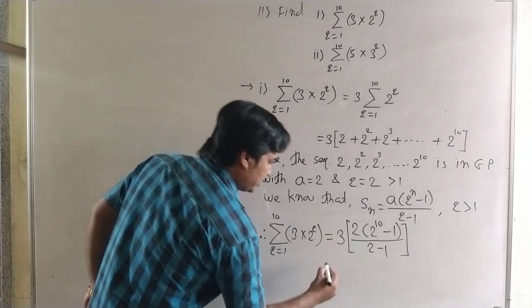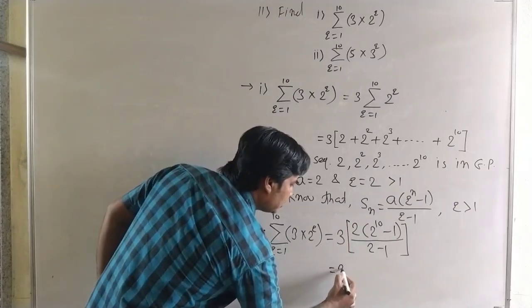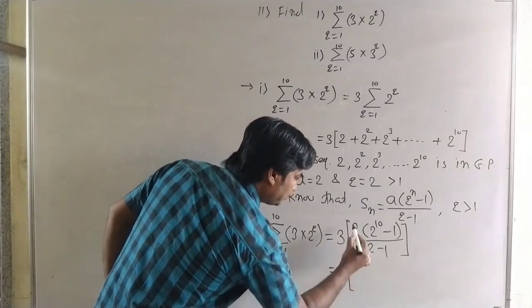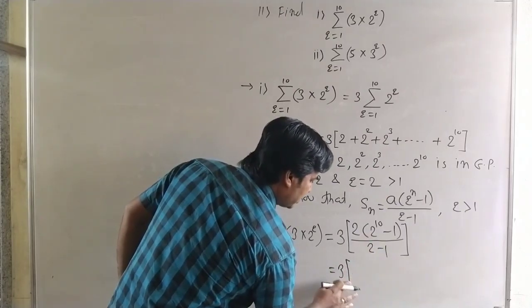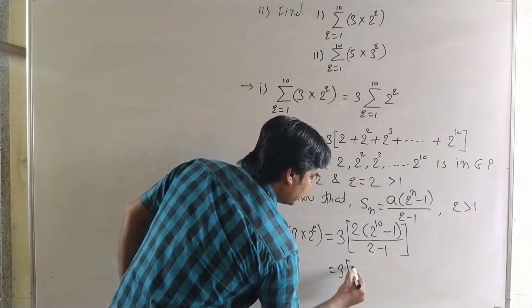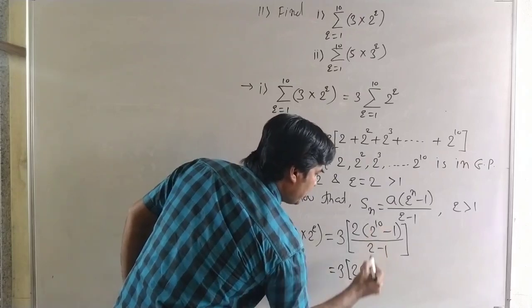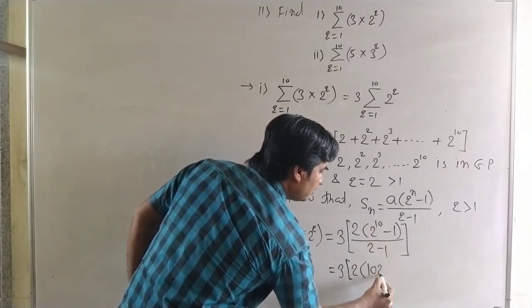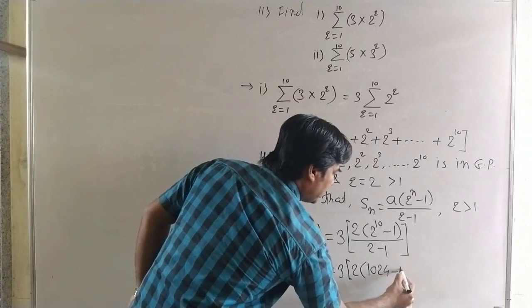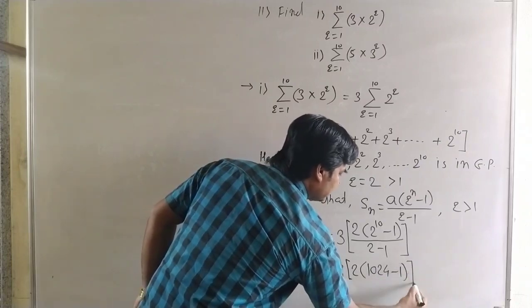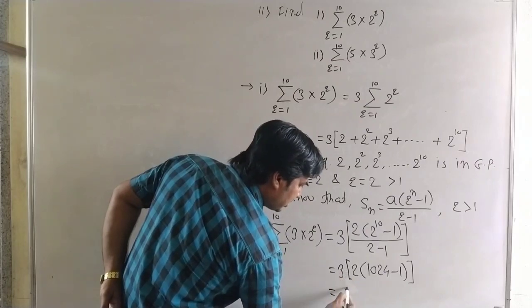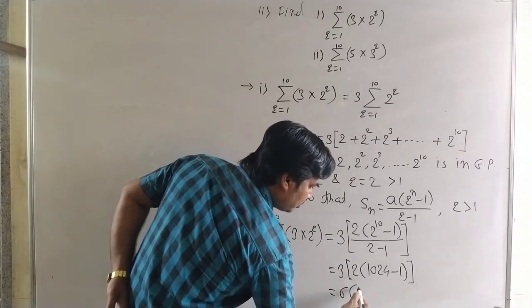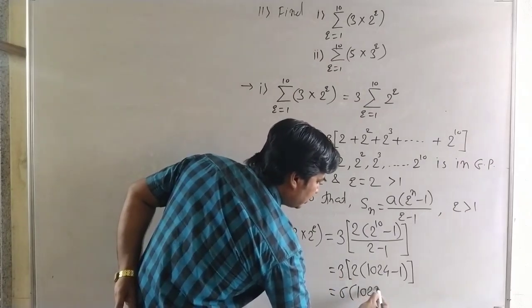Now we calculate this. It is 3 into, 2 minus 1 is 1, so this can be written as 2 into 2 to the power 10, which is 1024 minus 1. Now 2 into 3 is 6, into 1023.